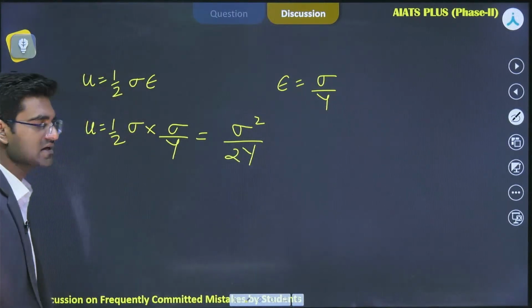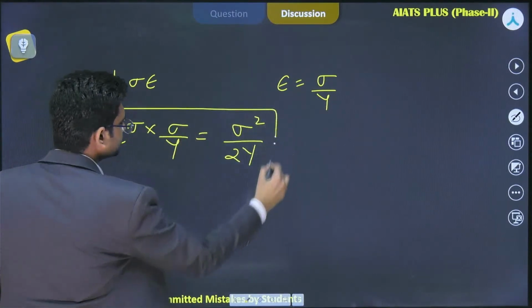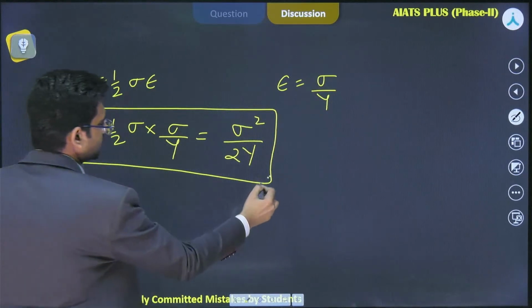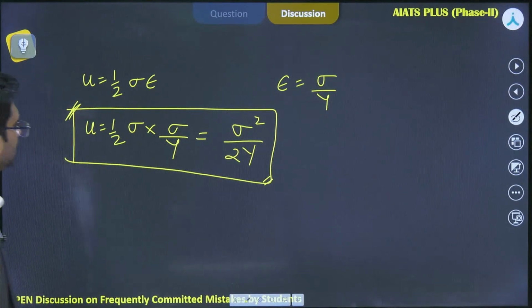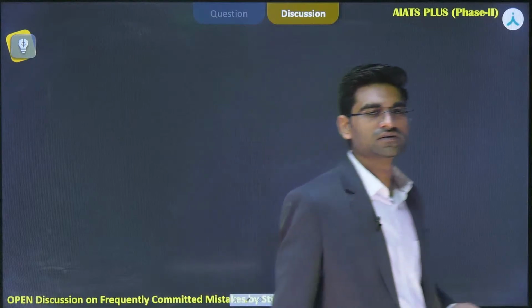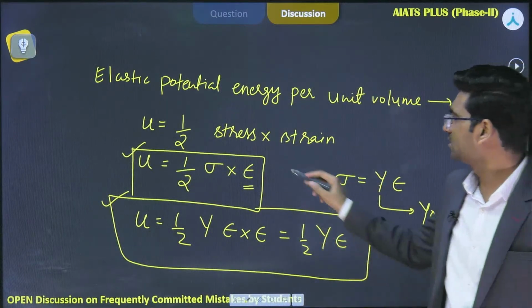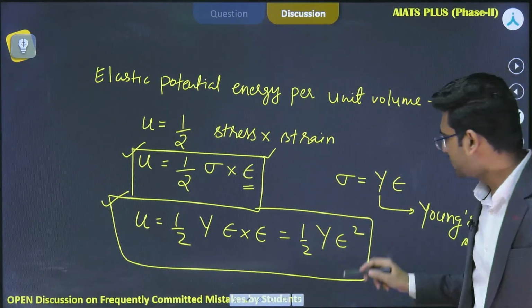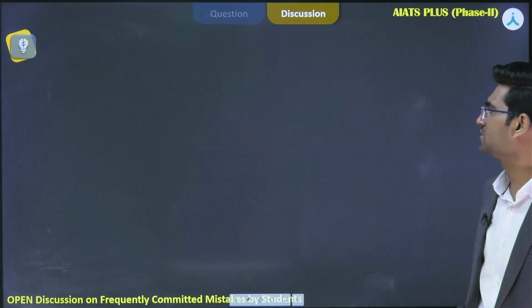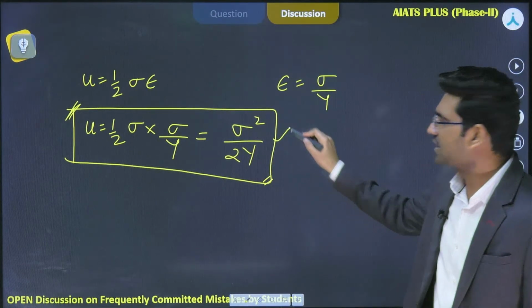That is stress square divided by twice Young's modulus. So we know the formula of energy per unit volume in terms of sigma and epsilon, in terms of Y and epsilon, and in terms of sigma and Y.